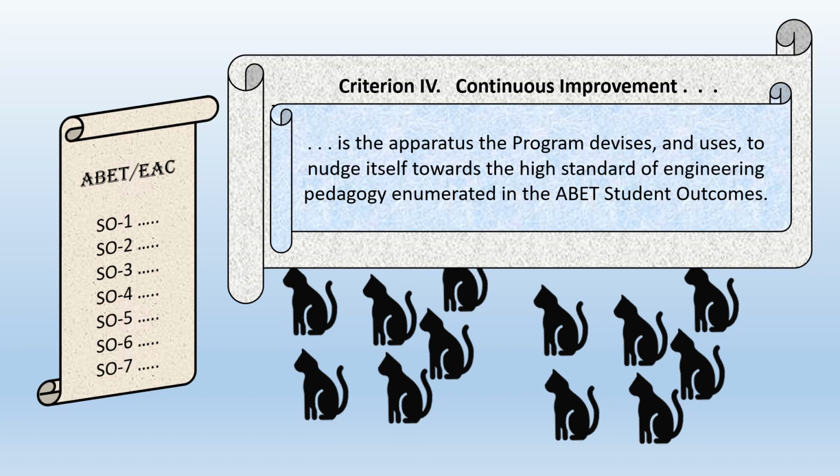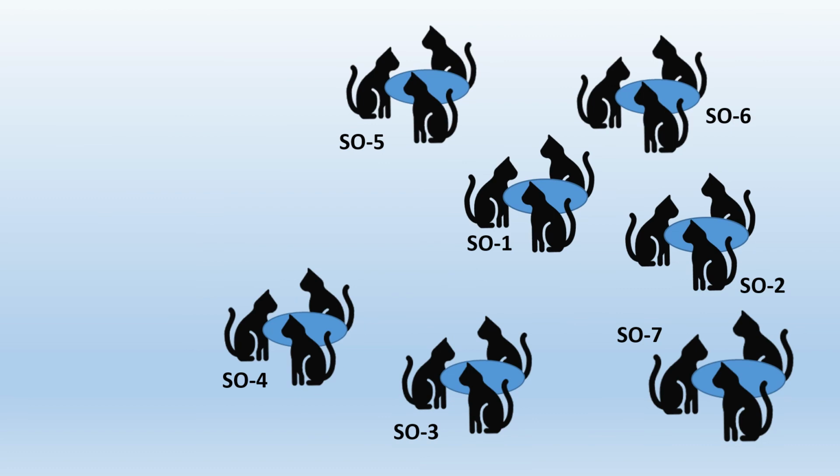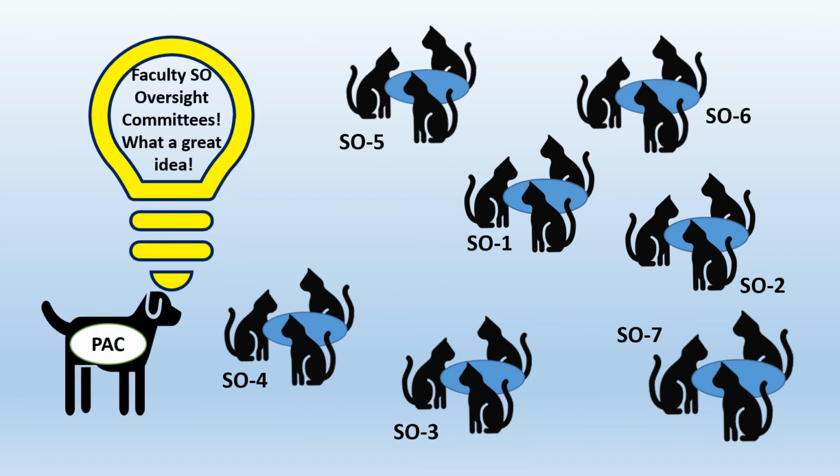So, given our recent experience, should your program elect to tinker with its continuous improvement procedures, do consider faculty student outcome oversight committees. What a great idea!